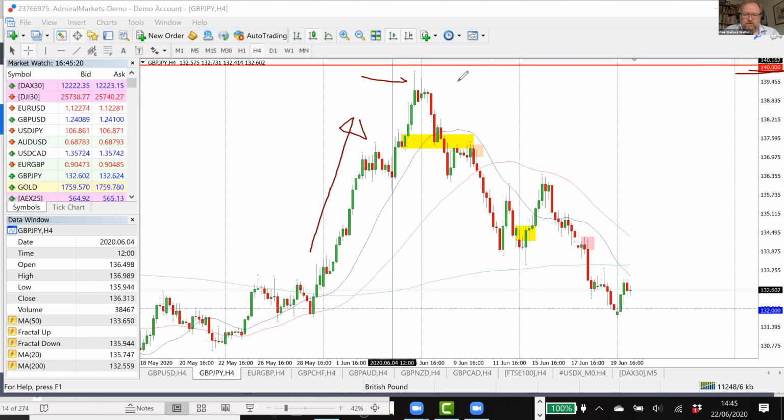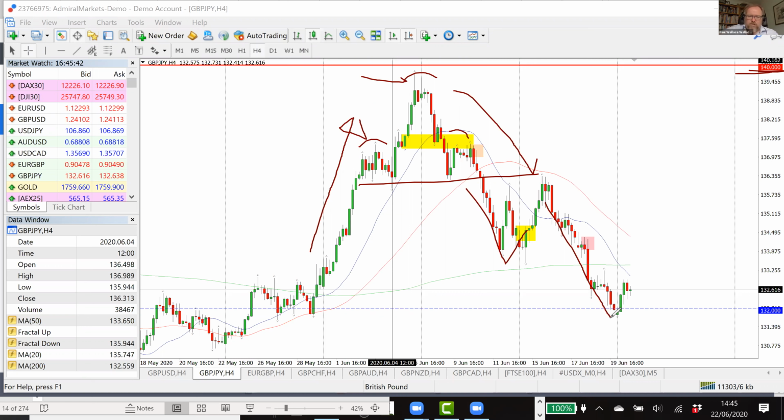And so we went to a risk off mentality, and what we had here was a head and shoulders pattern, which is a reversal pattern. We had our neckline here, and then price just traded its way down, and that's what has continued.